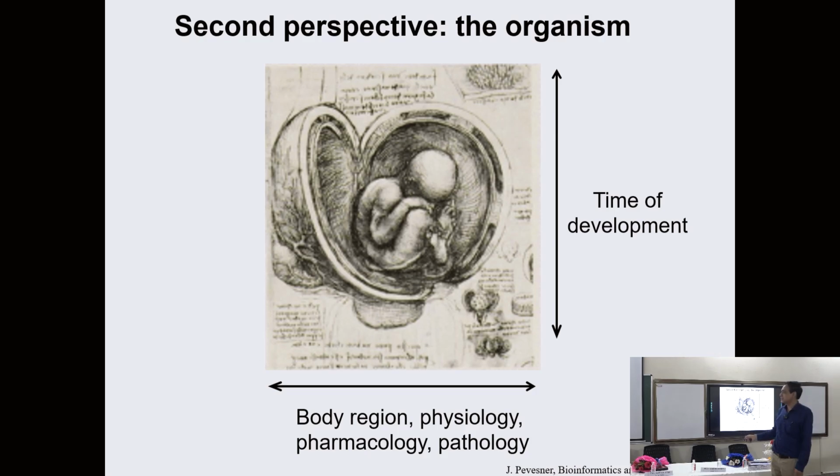Physiology we discussed. Pharmacology: as a response to chemicals or drugs, which genes are responding, which means which are differentially expressing. Pathology: during disease conditions, which genes are differentially expressing, because that way you will come to know which genes are responsible for a particular disease.